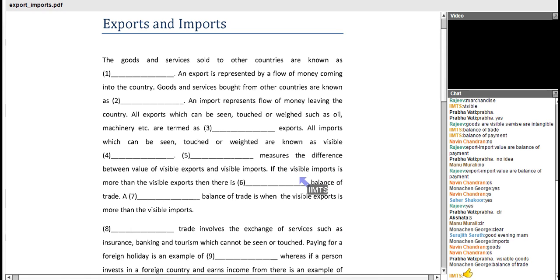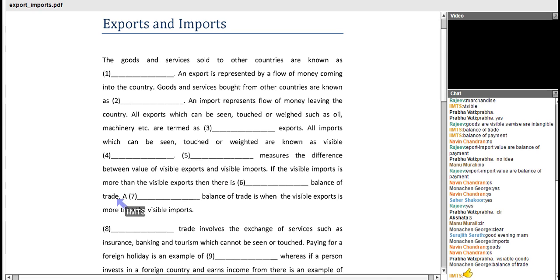Then next is, if the visible imports are more than visible exports, then there is dash balance of trade. What do you think the answer will be? Favorable or unfavorable?